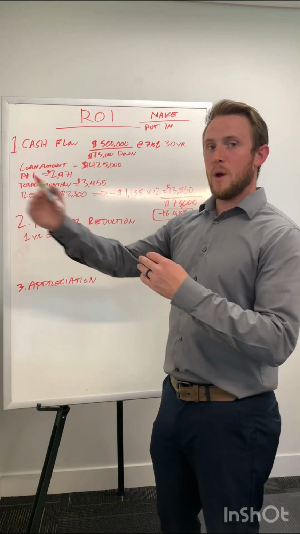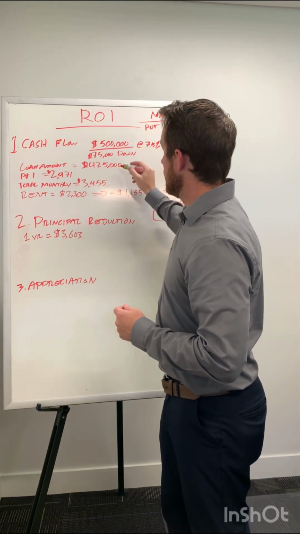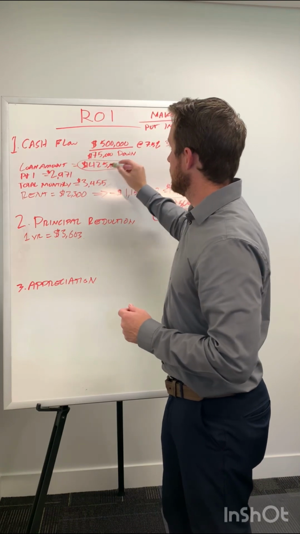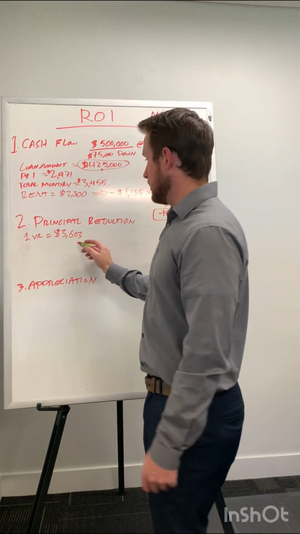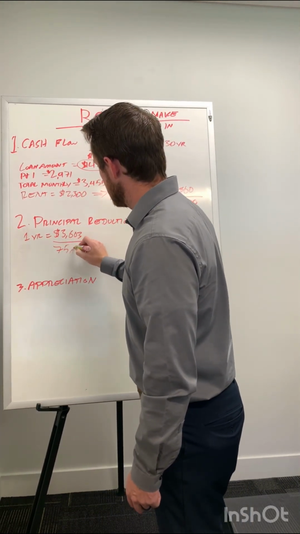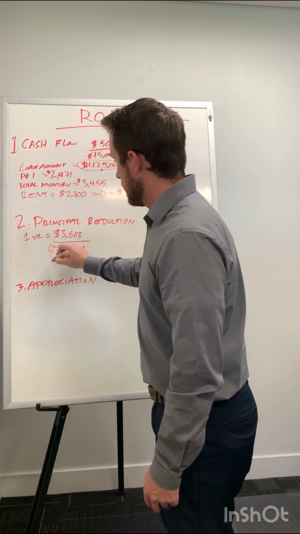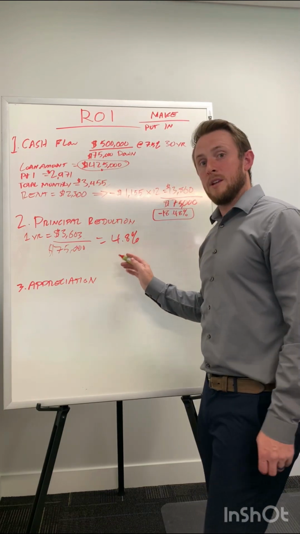The longer you have that loan, the more of the principal, and when I mean principal, I mean the loan amount, the more of that's going to be paid off. So for this first year, take $3,603 and divide it by our initial investment of $75,000, and we get 4.8% in the positive.